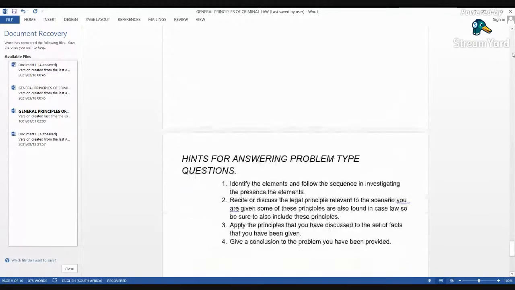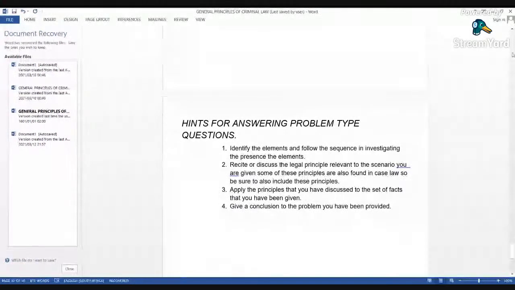Then, some hints for answering problem-type questions, because criminal law really has those, and you find your X, Y, Z a lot in this module. The first thing to do is identify the elements and follow the sequence in investigating the presence of these elements.